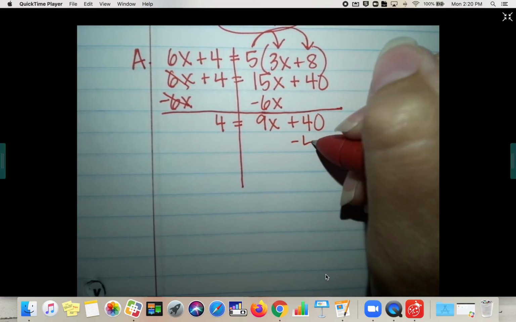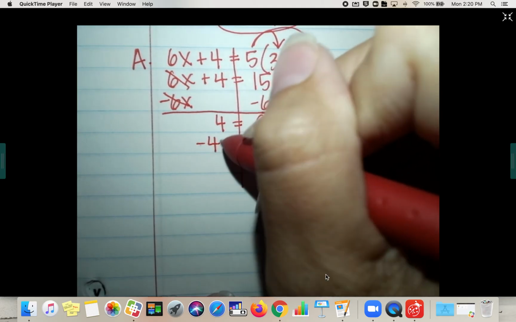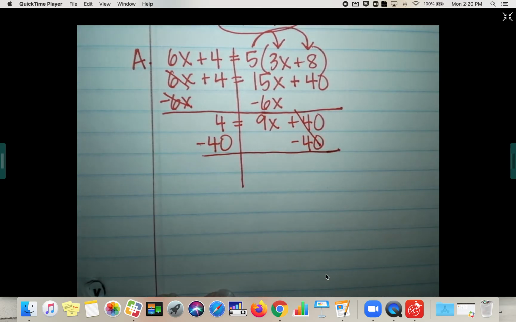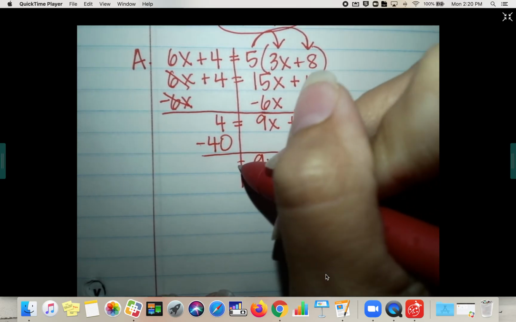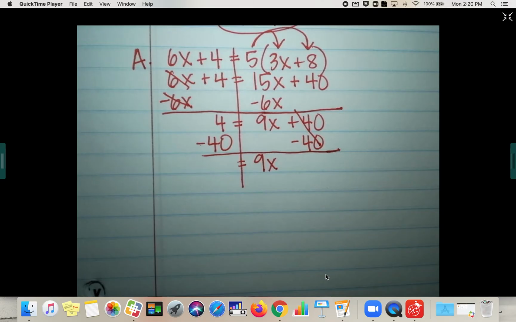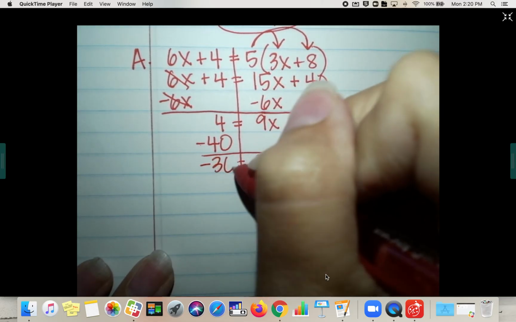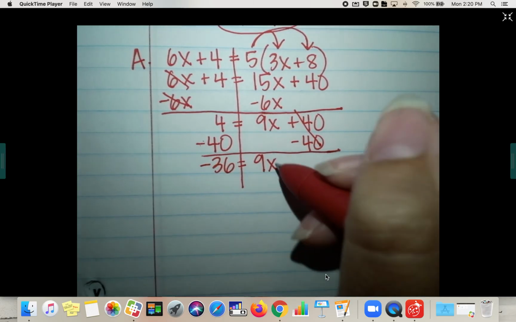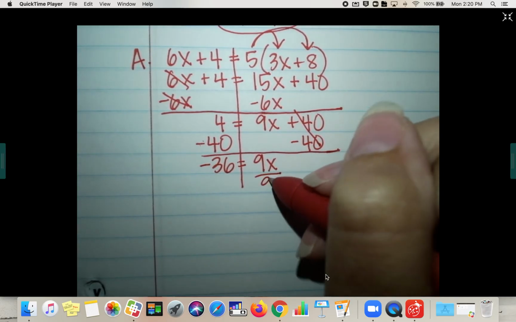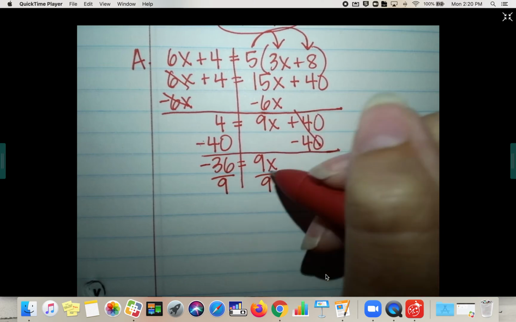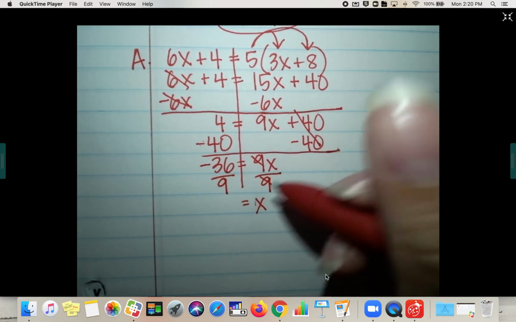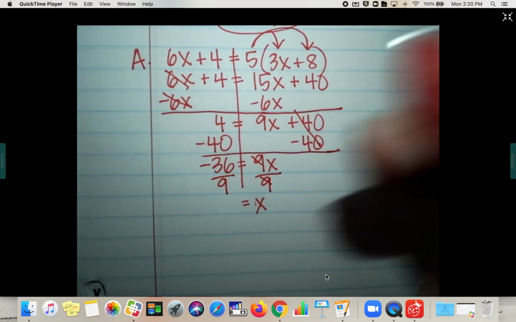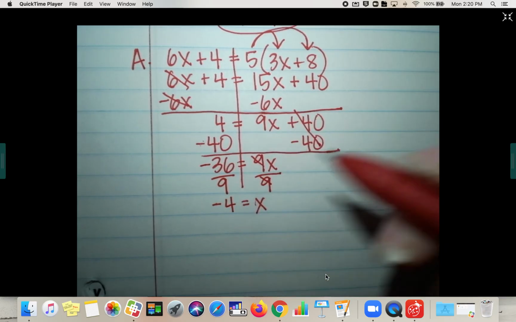Let's subtract 40 now. 9x on the one side, 4 minus 40. If you're not sure, use your calculator, but it is going to leave you with a negative 36. Last step, x is being multiplied by 9, so you're going to divide by 9 on both sides. Negative 36 divided by 9 is negative 4.